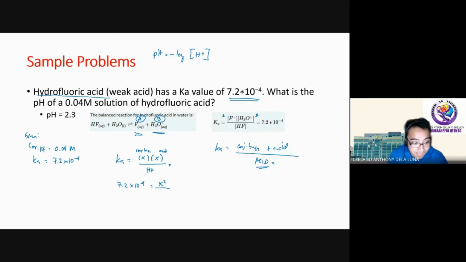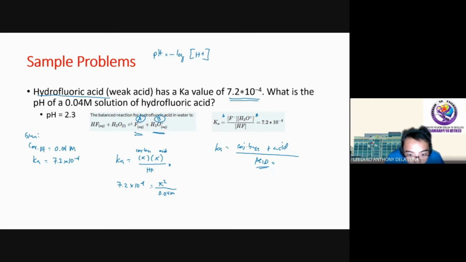Okay, as a variable. I'm just writing it, class, as a variable, ha? Okay? So, magiging X squared siya. Hydrogen ion ng conjugate base plus hydrogen ion ng acid ko. Okay, yung combination nila. Tapos, ang concentration na yun. Then, 0.04 molar here. Okay?